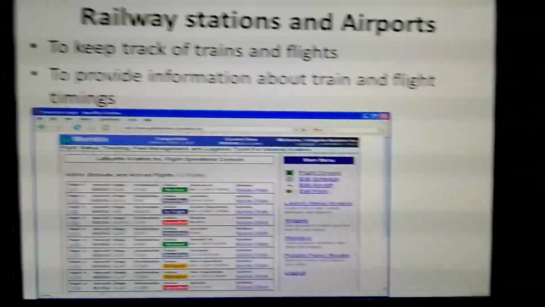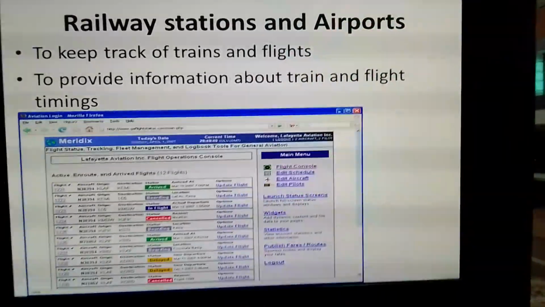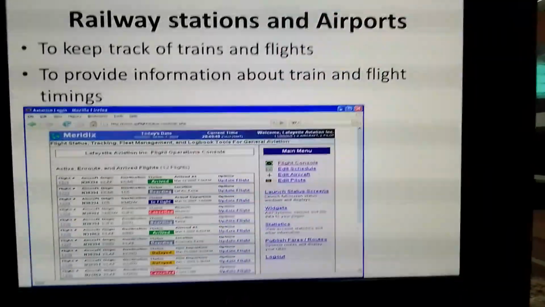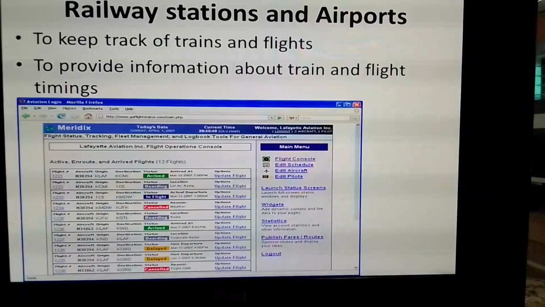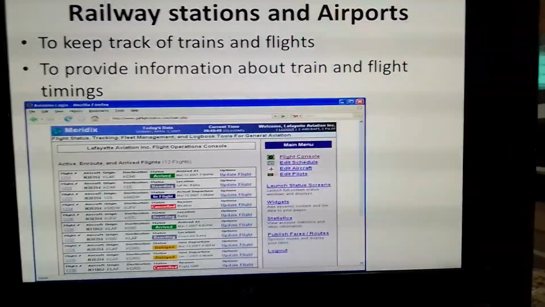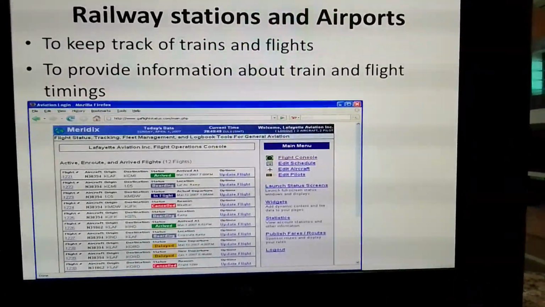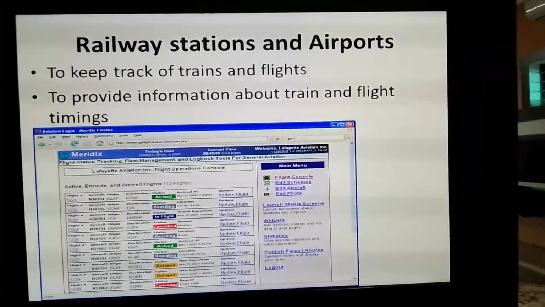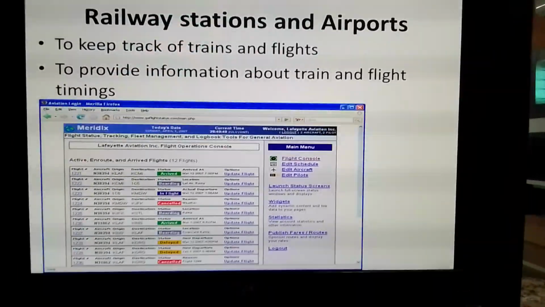If you want to know whether the train or flight is on time or delayed, where it is now, at what location, and when the train is arriving and departing, we can get such information either online with the use of a website, or from the railway station and airport counters.